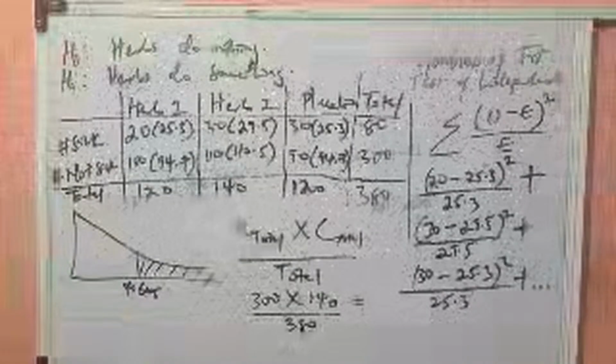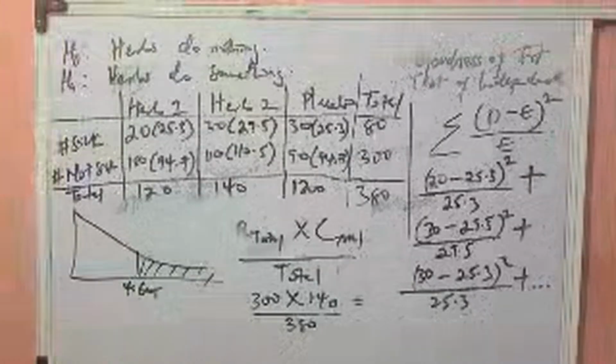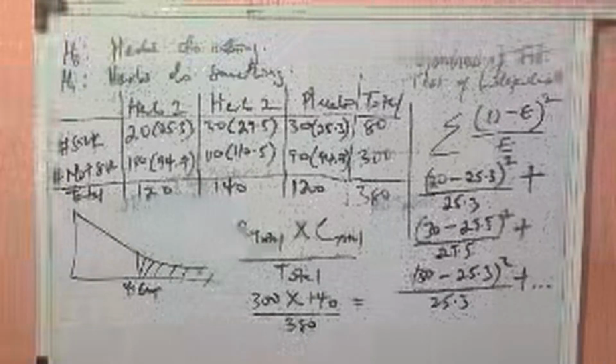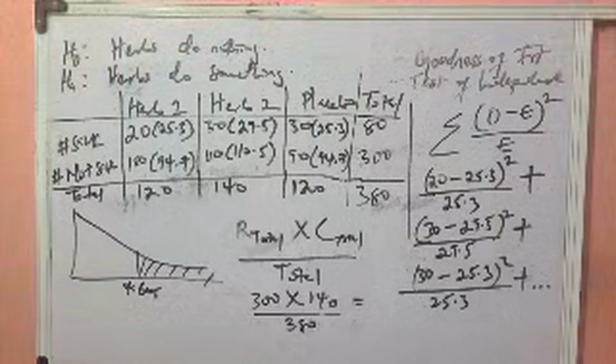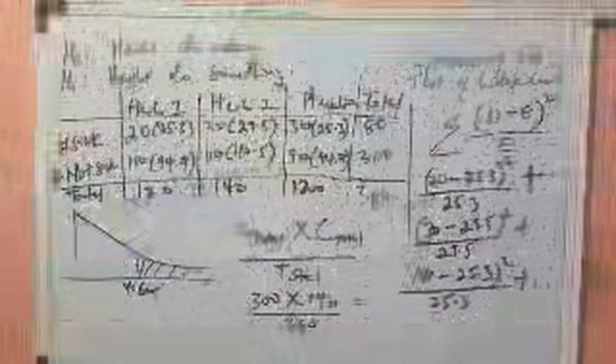So I don't know if you guys can quickly drop this in a calculator. Of course, you can easily do that by using, if you're using a scientific calculator, the 20 minus 25.3 all square over, just open a fraction and then add it with each and every one of them and press everything once.